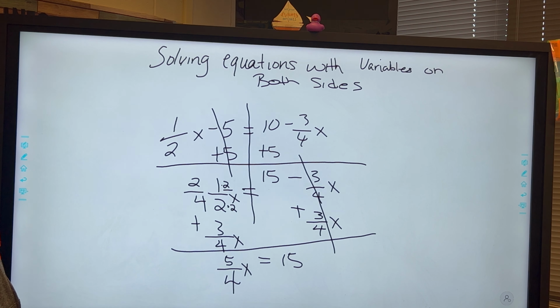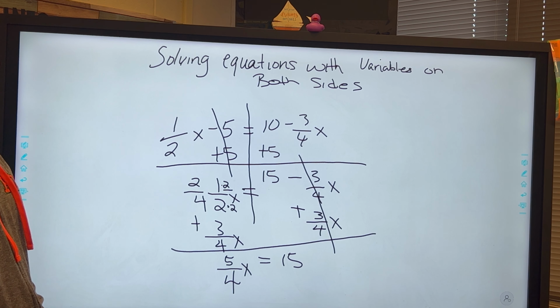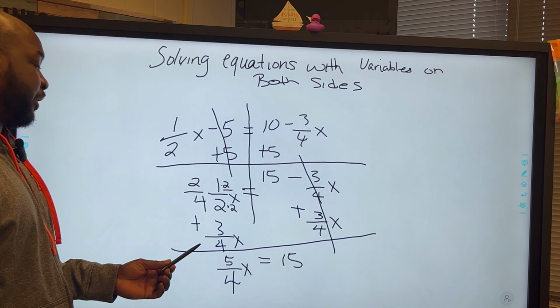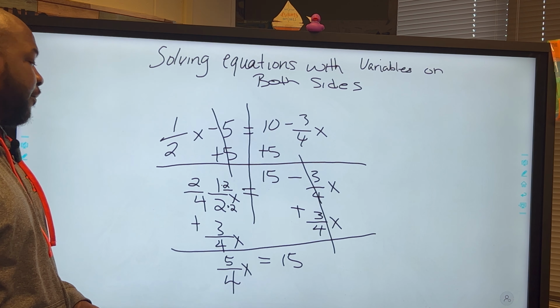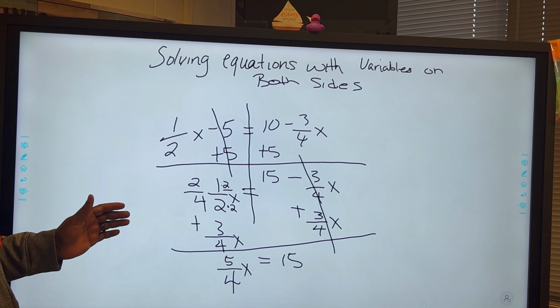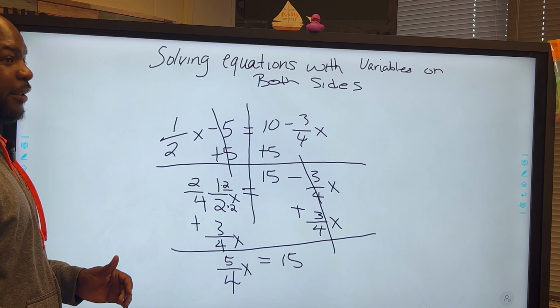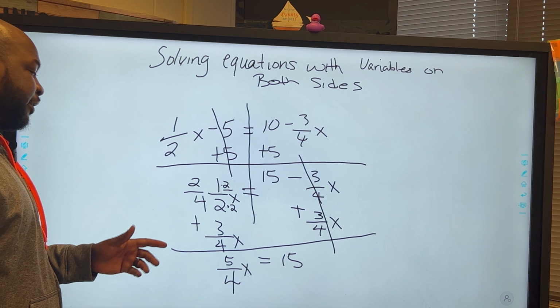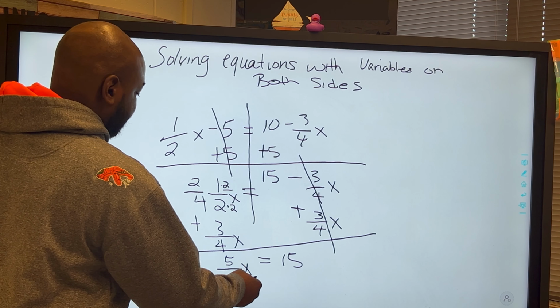So we also have this fraction, and it is using the multiplicative property, because it's 5/4 times x. In order for us to simplify it, we'll have to do the reciprocal. We'll have to do 4/5, because I want to make sure that x is by itself.